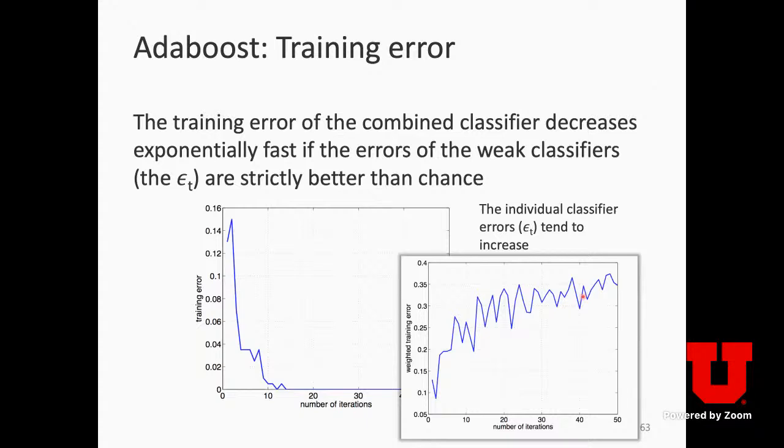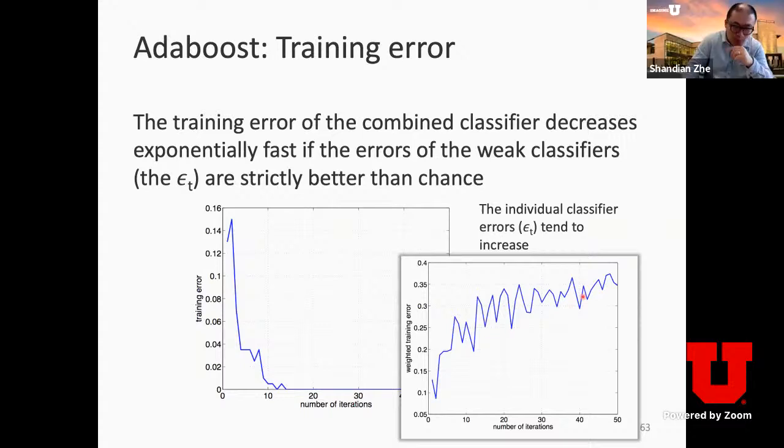Is it because the way that we're weighting things is getting them farther and farther away from the original data set? Yeah, you hit the point, very good. It's because of this weighting mechanism. Remember, the later the stage, meaning the larger the iterations, the larger the weights for those misclassified examples. The easy-to-classify examples are being correctly predicted by the previous classifiers, so their weights shrink to be very, very small.